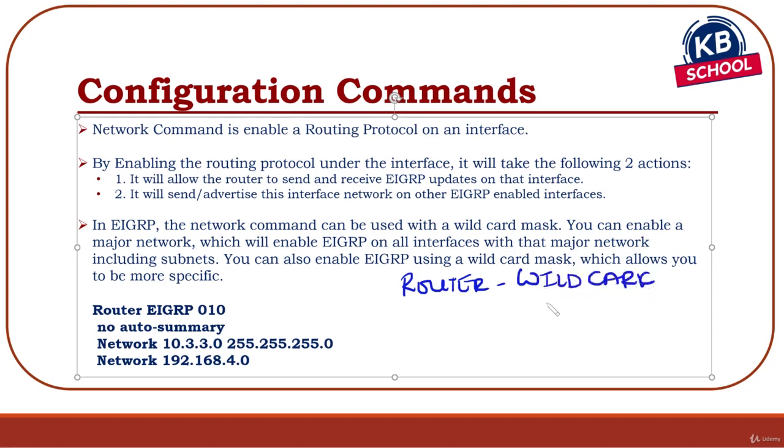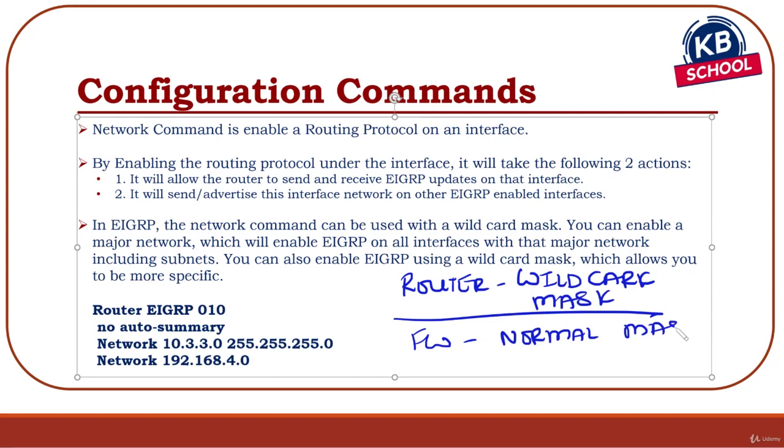Here, there is no concept of a wildcard mask on a Cisco ASA firewall. Instead, on the firewall, you have the normal mask. So over here, I'm basically specifying I want to enable EIGRP on the 10.3.3 network, and I don't need to put the mask if it's a default mask. All right, same concept.